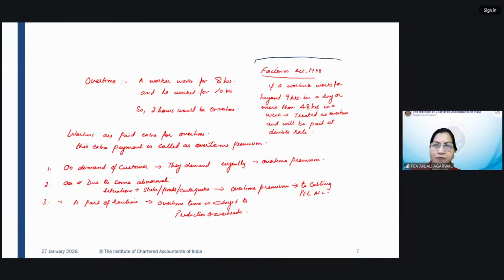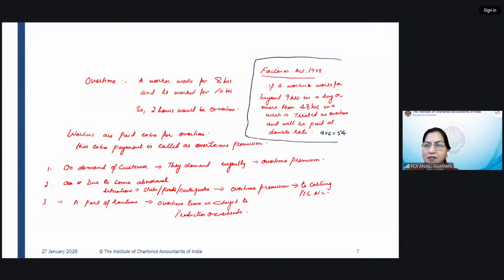So whichever is more beneficial to the worker means, let's say the worker has worked for 9 hours on 6 days. So 9 hours into 6 is 54. If you look per day, the worker has not worked any overtime. But if you look at the total hours he had put in the week, it should be not more than 48, but he has worked for 54 hours.